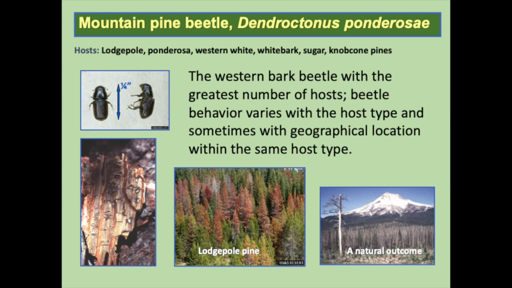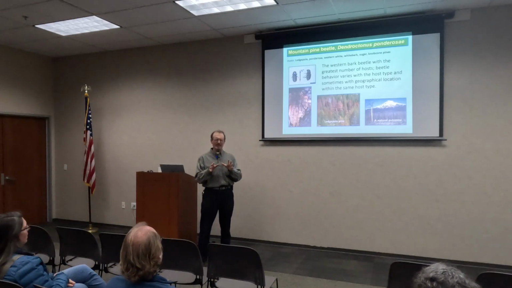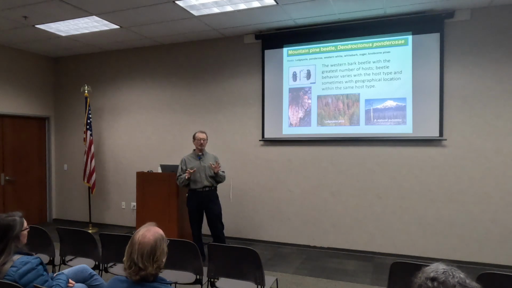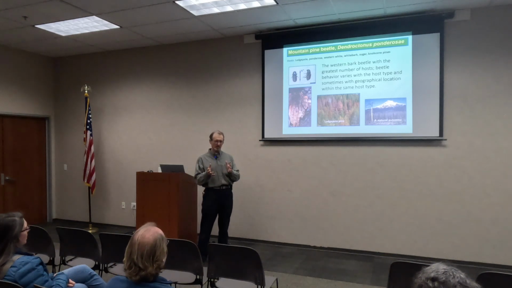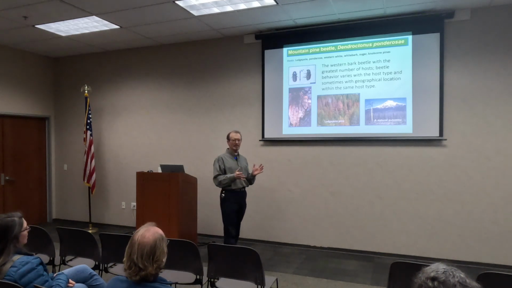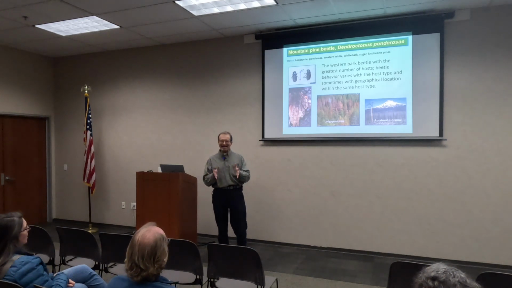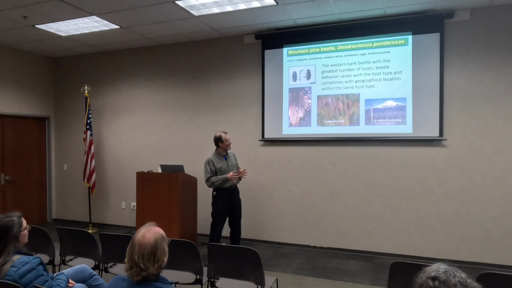recurring drought, but even more so, just the fact that this is the way these trees are designed to live. They live for a short period of time. We have a lot of trees that live beyond 100 years. Lodgepole pines can too, but they become decadent in their final years as they approach 100.